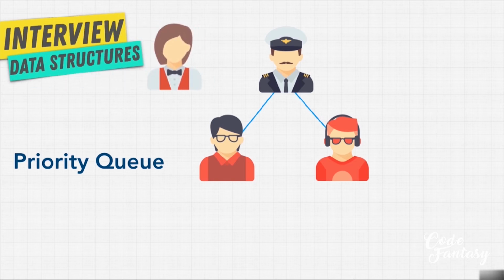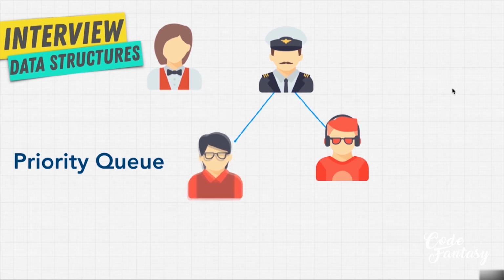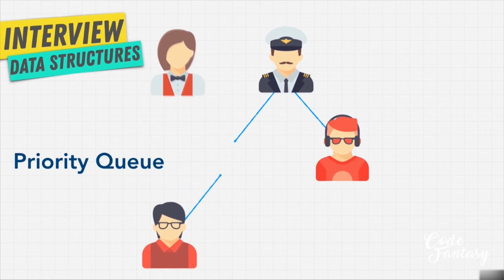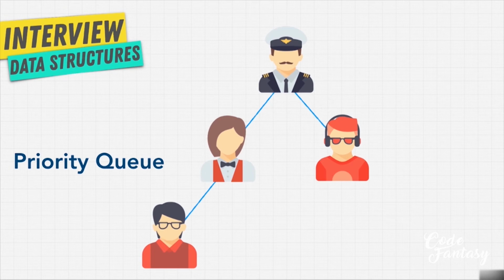Next, we have a stewardess that came in. He or she should get to go before the passengers, but not before the captain. Well, in that case, once again, we place the stewardess below the captain, but to the left of the passenger. And then we have another passenger that comes. We do left to right insertion. We see a right spot down here, so we place them down here.